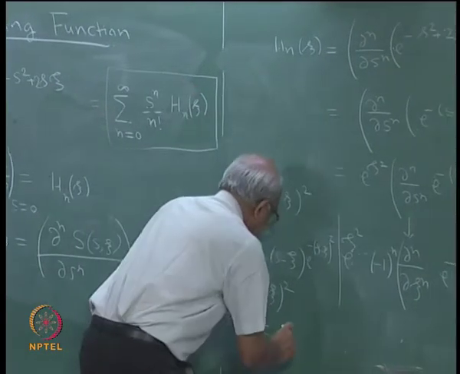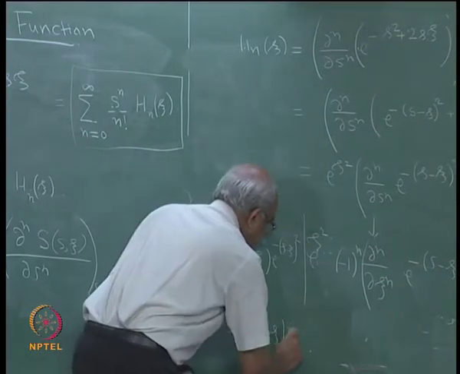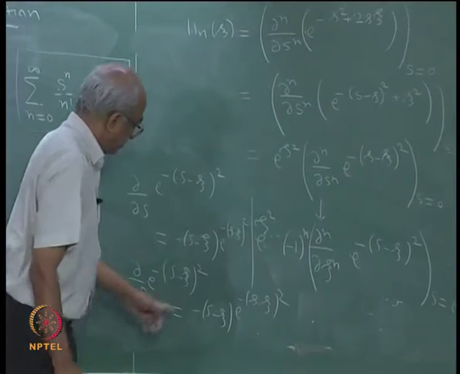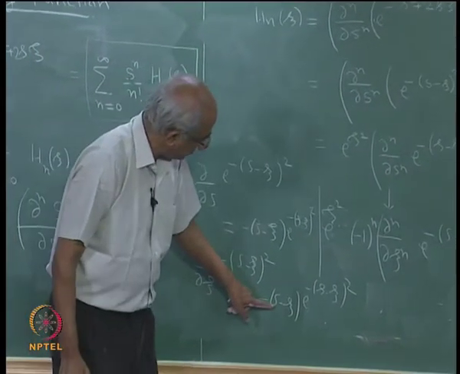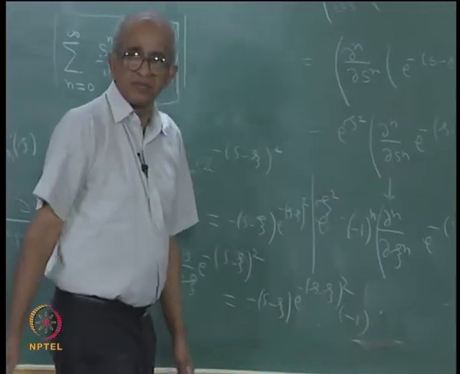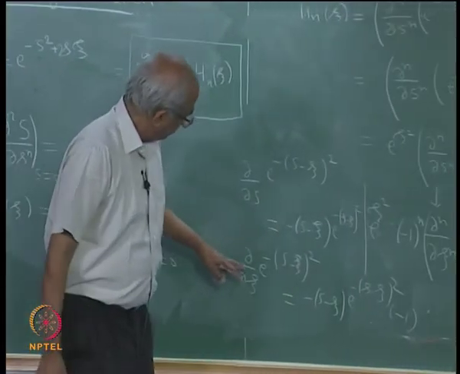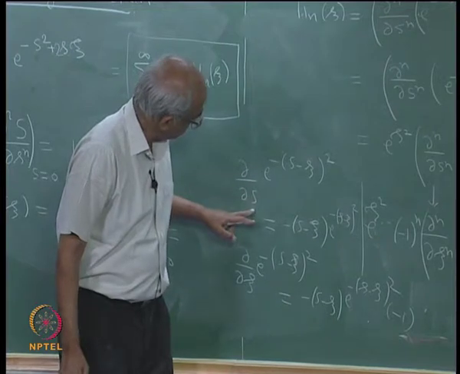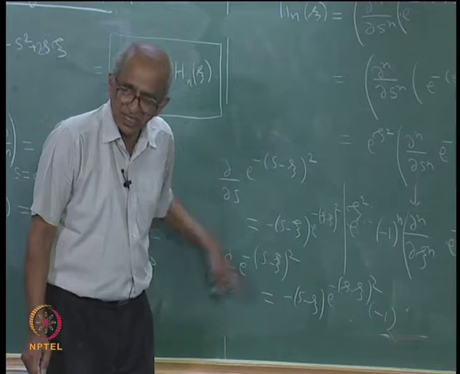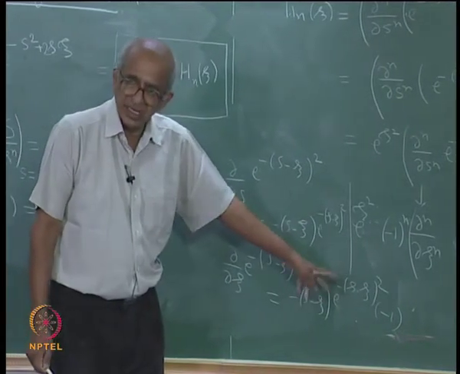The answer will be minus 2 times s minus c into e to the power of minus s minus c the whole square, but you are differentiating with respect to c, that means you will have to put an additional minus 1, right. So, instead of carrying out differentiation with respect to s, you can carry out the differentiation with respect to c as far as this function is concerned. The only thing is that you have to account for that minus 1.